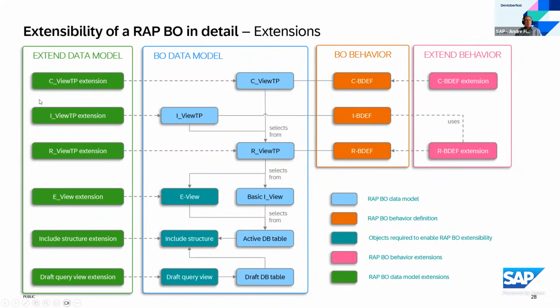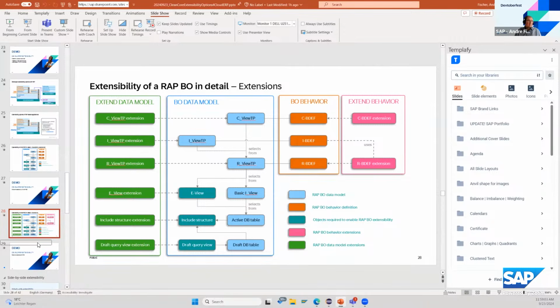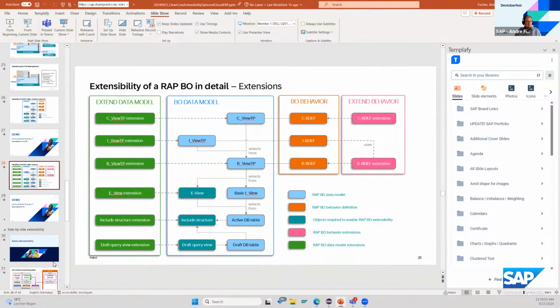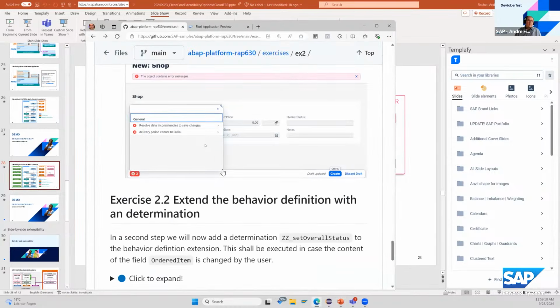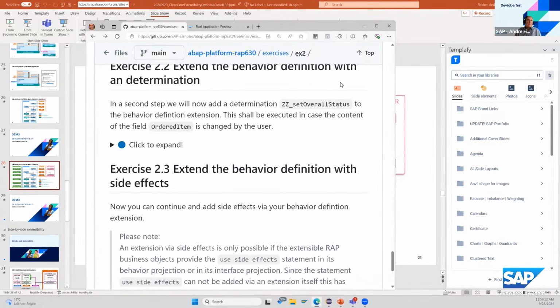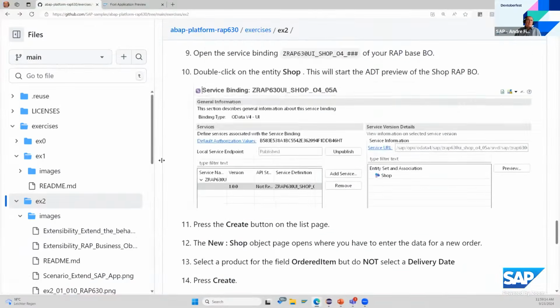You usually had to create all these objects manually in the past. Now there is a wizard that will create all these objects for you, and that would then allow you to add a field to your business object.